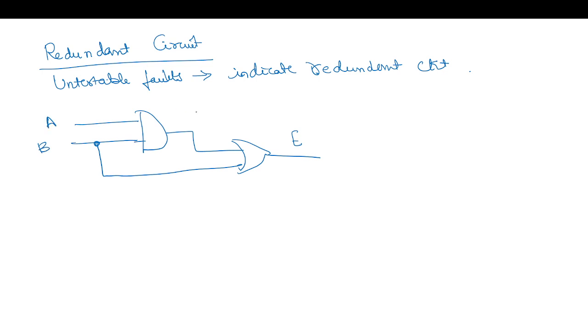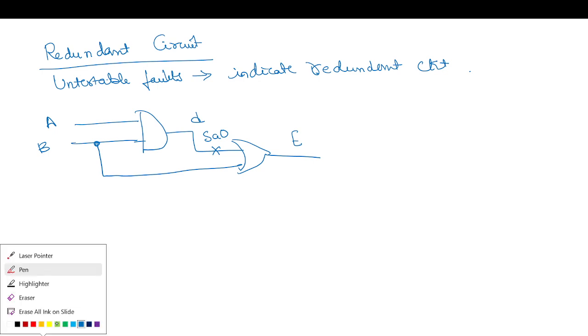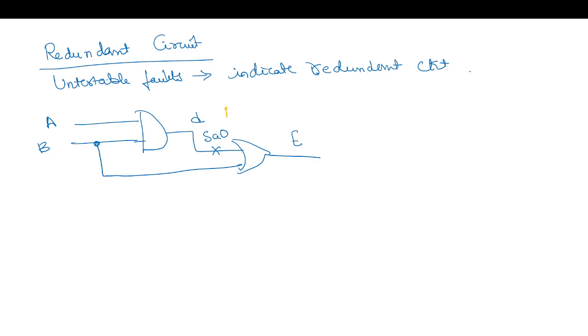Let's consider D is stuck at 0. Now if this is stuck at 0, we want a 1 here, which means 1/0, which is D, and a 0 here. A 0 here will make this output 0 anyway.